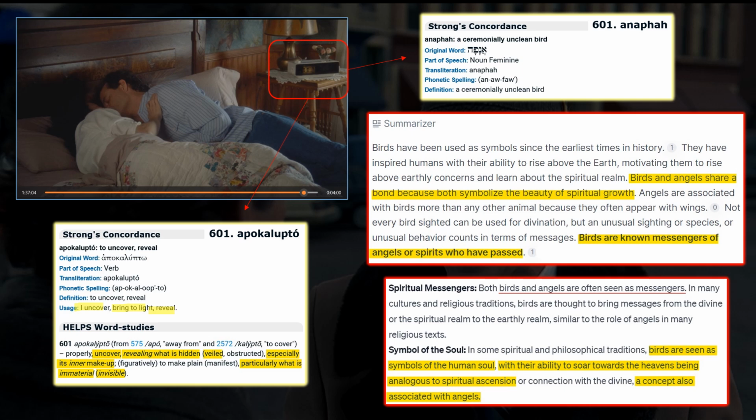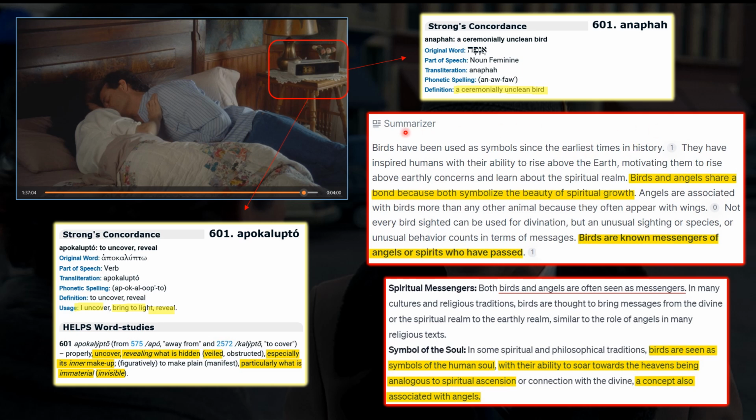601 in Hebrew means a ceremonially unclean bird. And I thought that was interesting because birds are often symbols of angels. Birds and angels share a bond because both symbolize the beauty of spiritual growth. Birds are known messengers of angels or spirits who have passed.